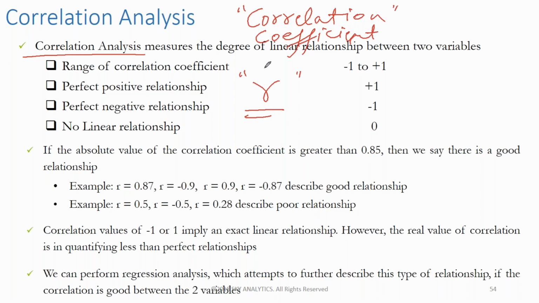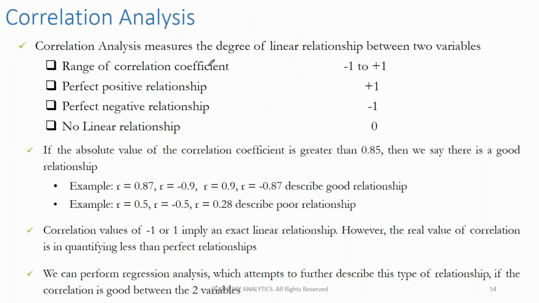See, the range of correlation coefficient, that is your small r, will always be between -1 to +1.